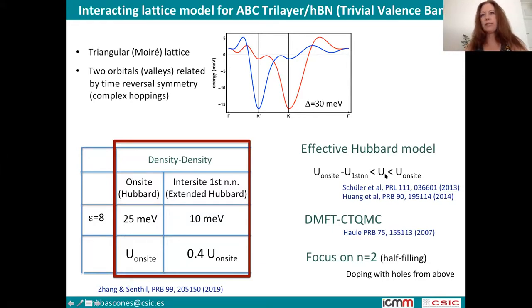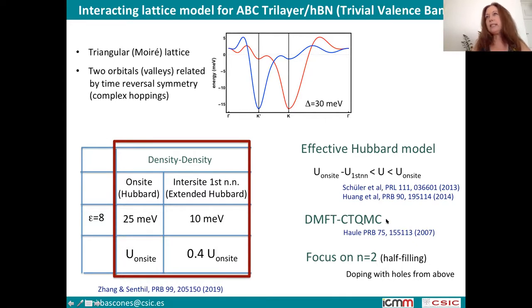This is of course not exact, but it can give a reasonable point of view. So the effective U that one can expect in this effective Hubbard model will be smaller than the on-site Hubbard, but larger than the on-site minus the first neighbor.